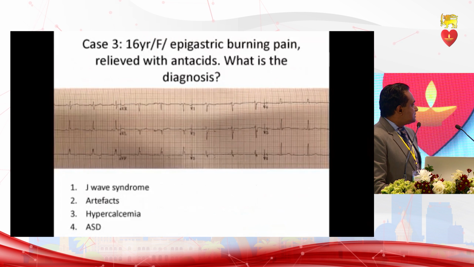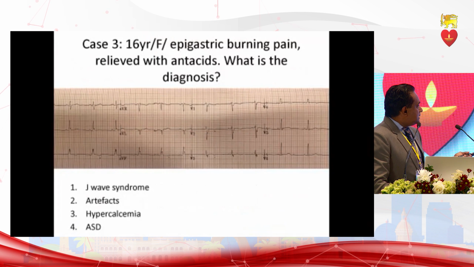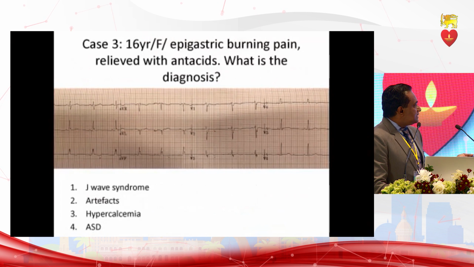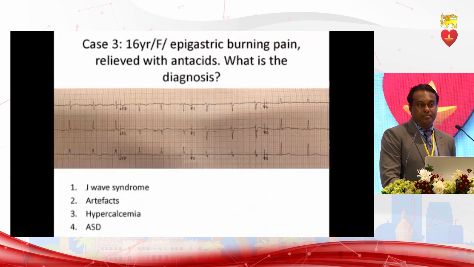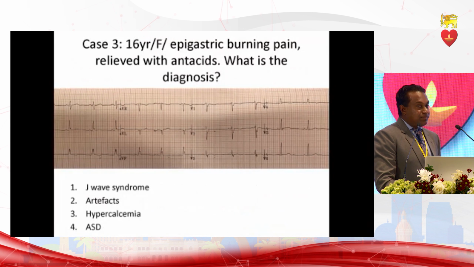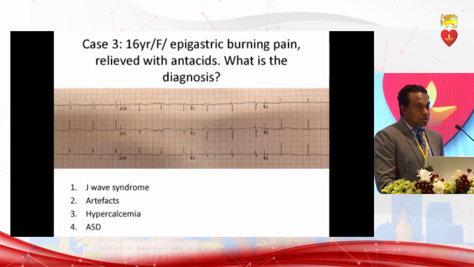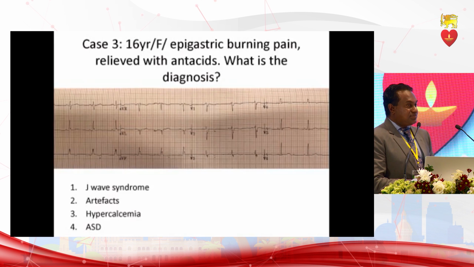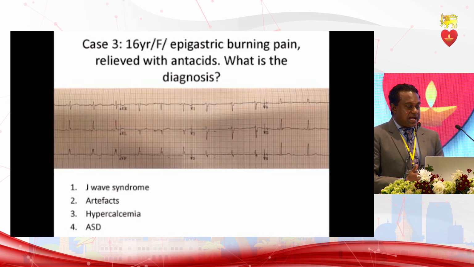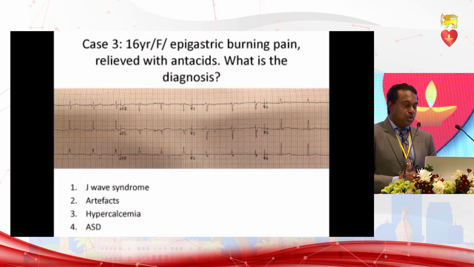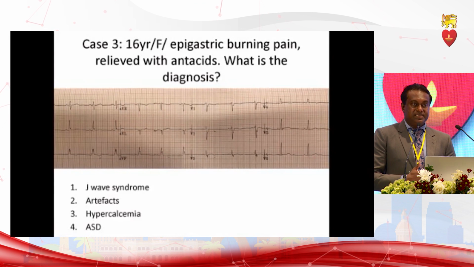As we can see, there's a slight, ever so slight widening of the QRS complexes, and not really in keeping with any of the typical bundle branch blocks that we have come to know about. Is it a J-wave syndrome? Are these artifacts? Is it hypercalcemia? Or is the patient with ASD?